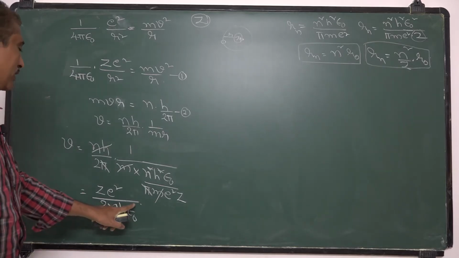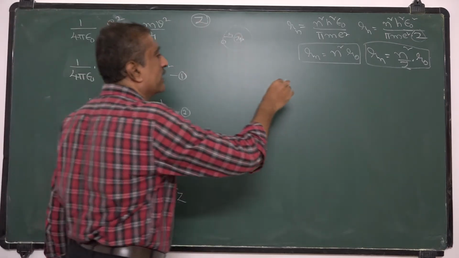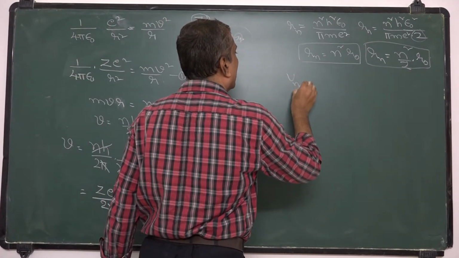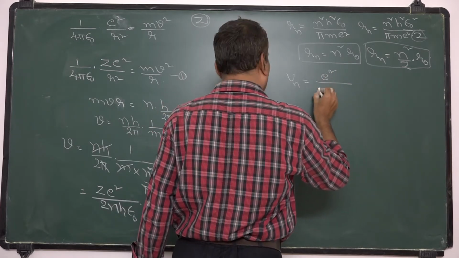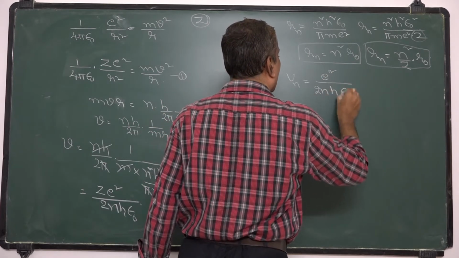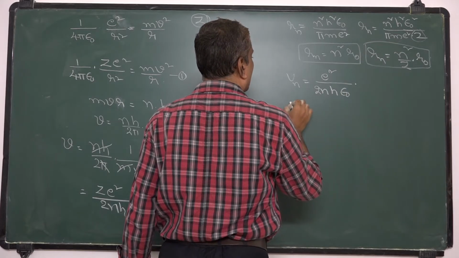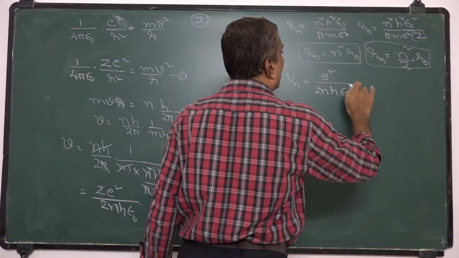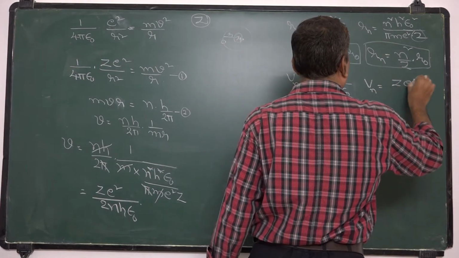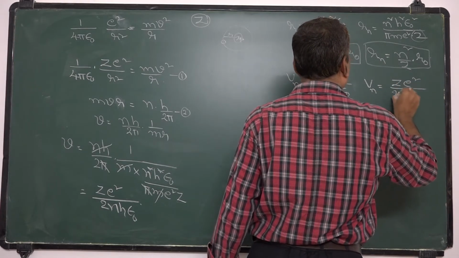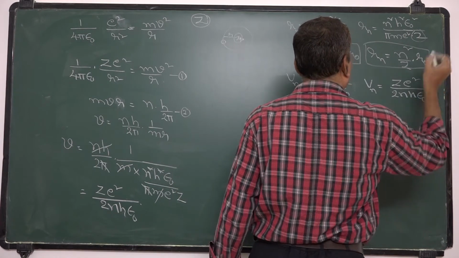Okay, now we got this equation. So actually in case of hydrogen atom, Vn we can have e square by 2n h epsilon naught. Okay, now we got Vn is equal to Z e square by 2n h epsilon naught.